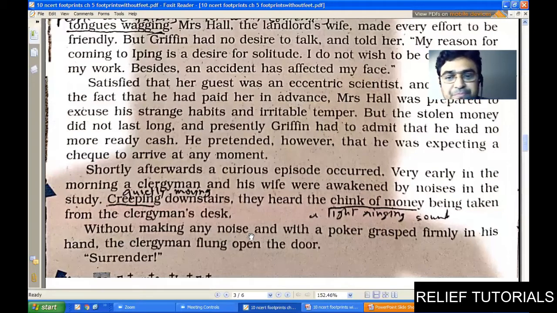Very early in the morning, a clergyman, a priest, a man of the church, and his wife were awakened by noises in the study. They crept downstairs, very quietly, just to check what was happening in the house. They heard the chink of money, the light ringing sound of coins being taken from the clergyman's desk.